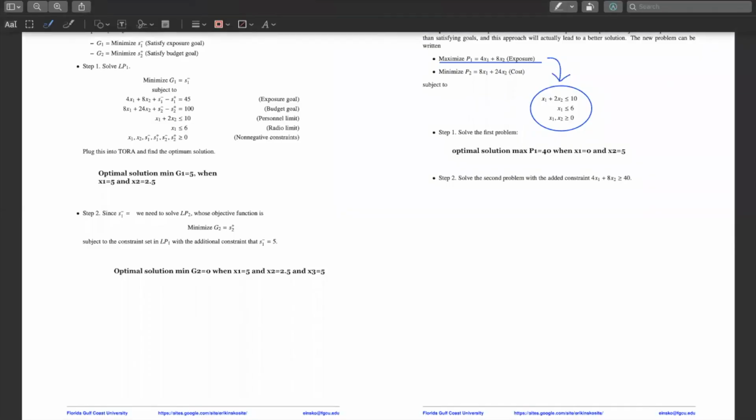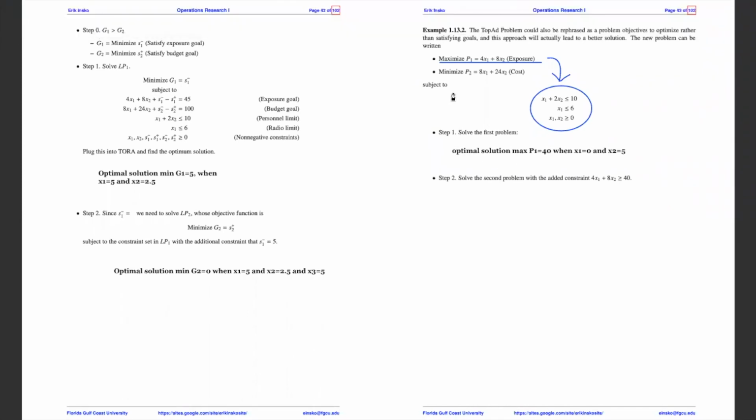Right now we're going to minimize the cost based on the numbers that we just got, and we're going to do this as a linear programming optimization, rather than satisfying goals, by using the constraints we have and adding the new constraint that the exposure needs to be at least 40 million people.